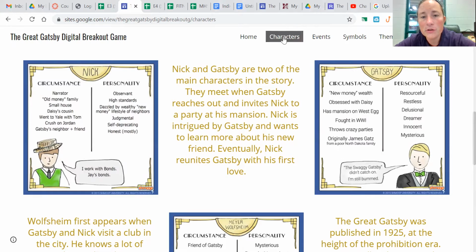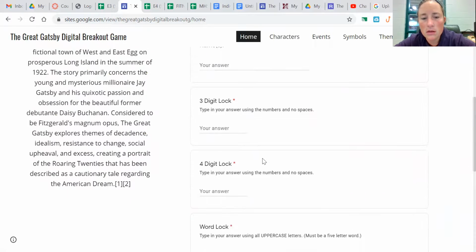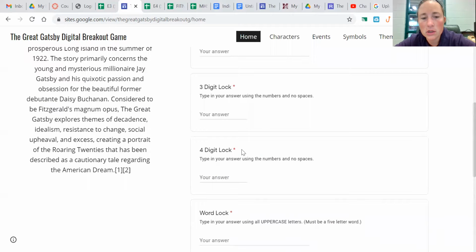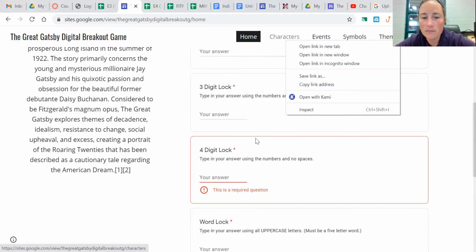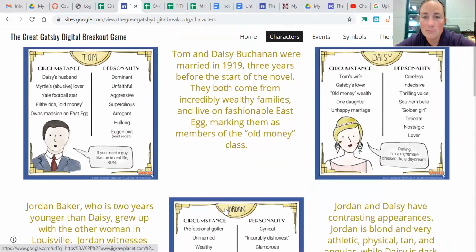So this first characters tab, it is a 4-digit lock. So the characters clue goes here. You'll have to type in a 4-digit lock. All right, ultimately from finding the clues from the characters tab.